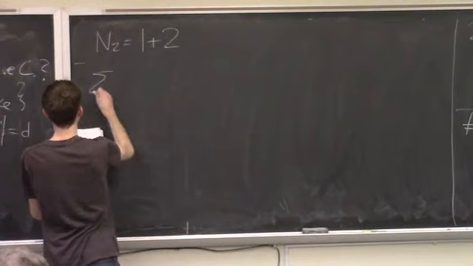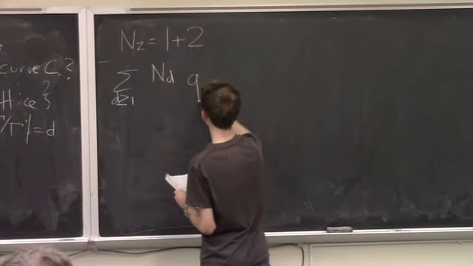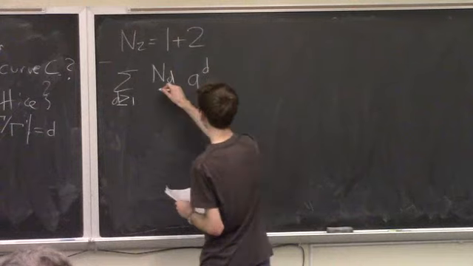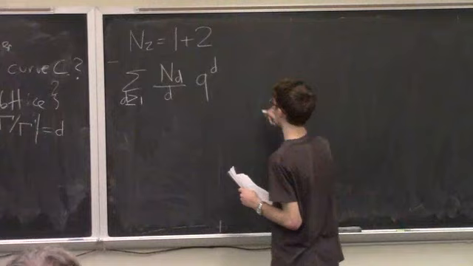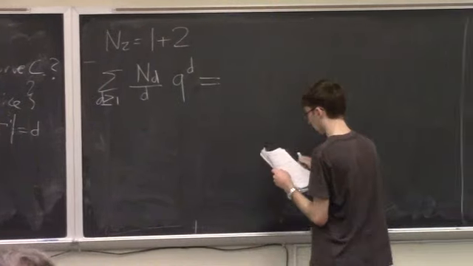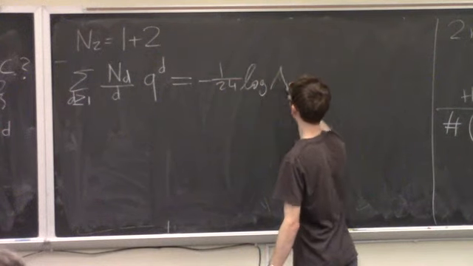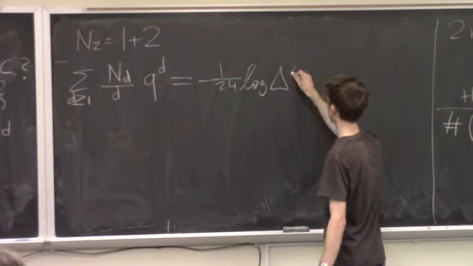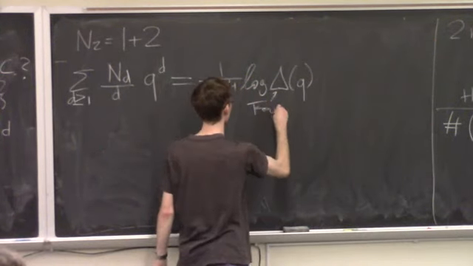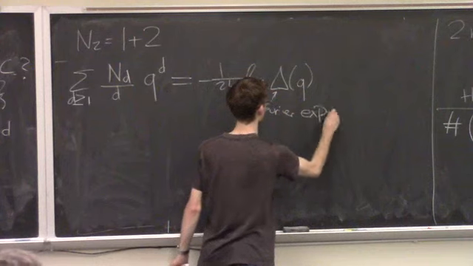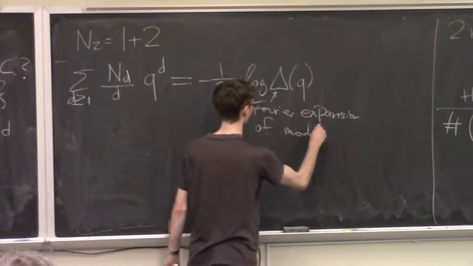Namely, if you take the sum over all the n_d and introduce the formal variable q to the d, and put in some factor d here to make the answer nicer, then what you get is just minus 1 over 24 of the logarithm of the modular discriminant, or to be precise, the Fourier expansion of the modular discriminant.